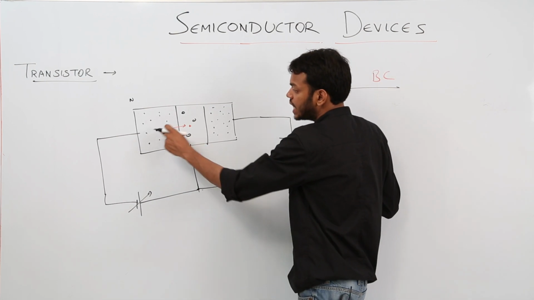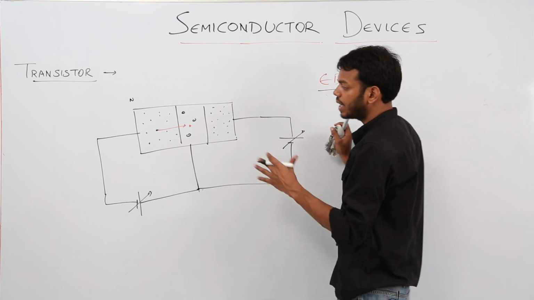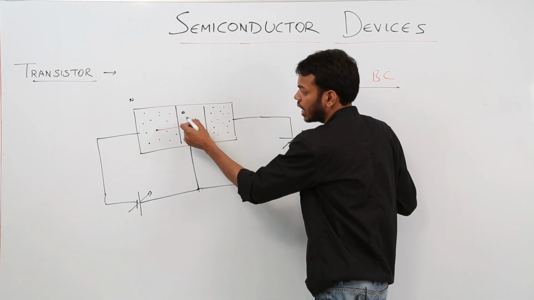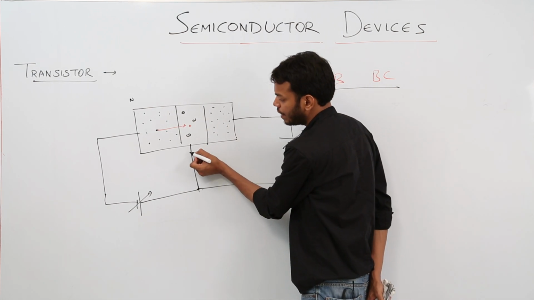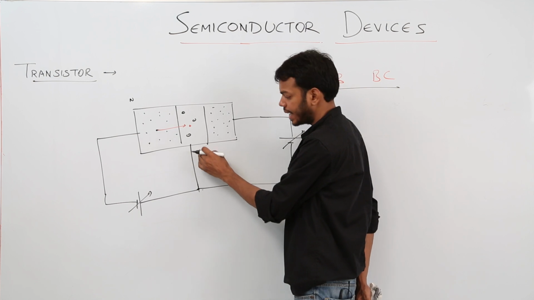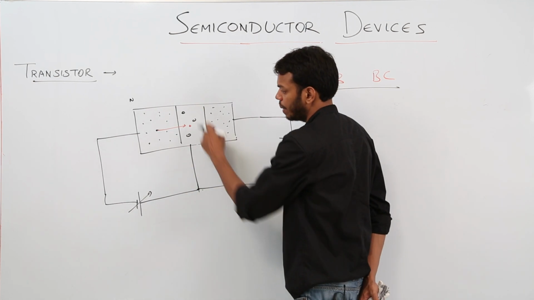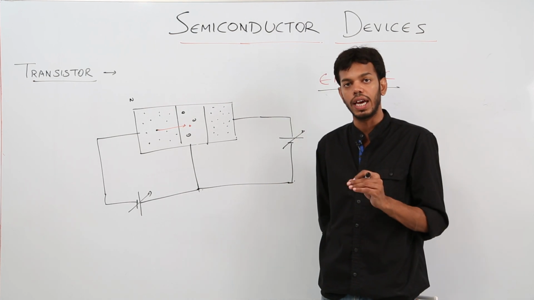Now once this electron enters this region, it will either get what? Neutralized. Neutralizing means getting transferred from hole to hole. It will keep on jumping from hole to hole, and ultimately it will enter this part of the battery through the base region, right? This is one of the probabilities, but the chances are very less.